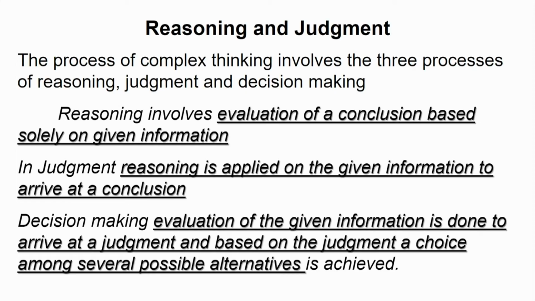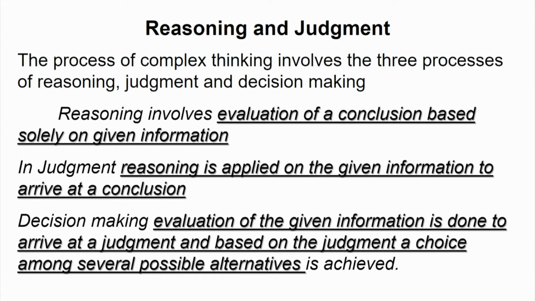And then what is decision making? It is the evaluation of given information to arrive at a judgment, and based on the judgment a choice among several possibilities is made. This is what decision making is. So, reasoning leads you to validate or arrive at a conclusion.